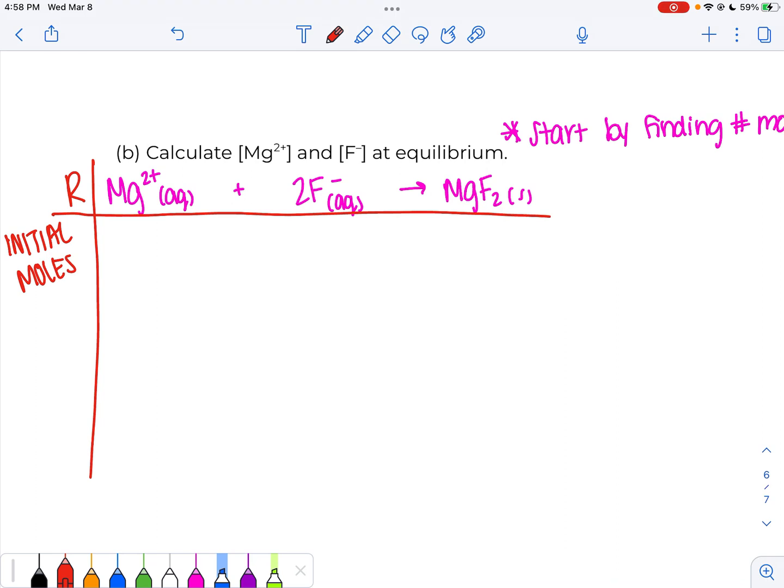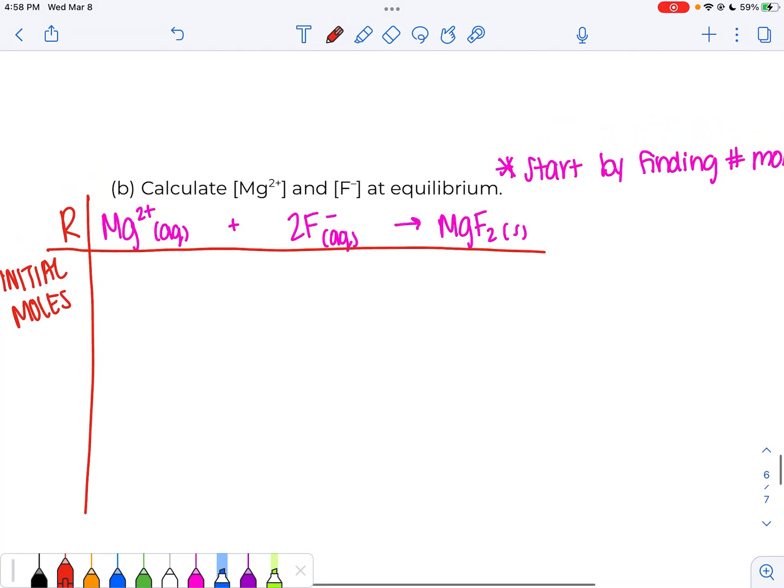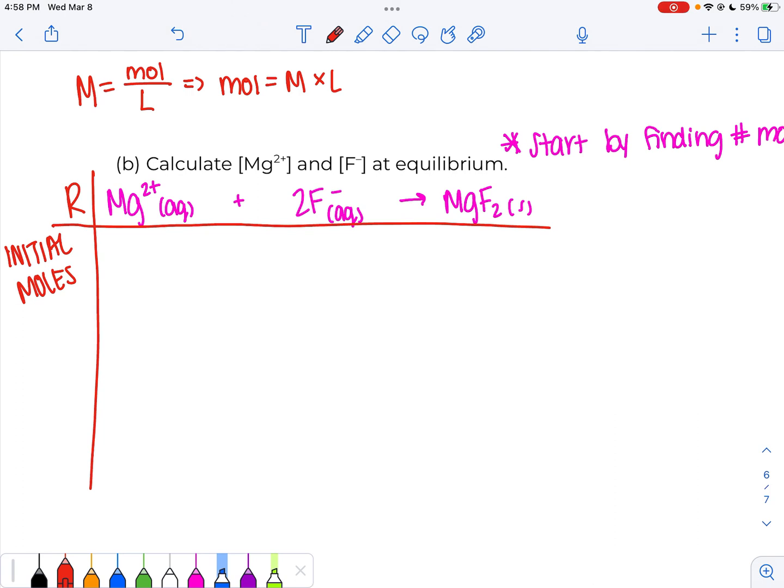Okay, so from the problem above, what you should have found was that in your initial solution, you had 0.100 molar magnesium from the magnesium nitrate, and you had 150 milliliters of it. So if we want to find an initial number of moles, and we know concentration and we know volume, we can once again rearrange this equation to get moles is equal to molarity times liters.